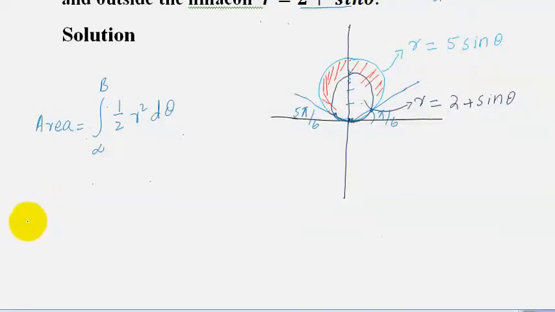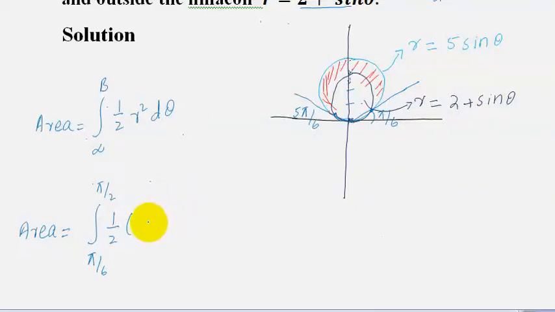So our required area is equal to the definite integral, as in the first quadrant our theta varies from pi by 6 to pi by 2, of 1 by 2. Our outer curve is 5 sin theta and inner curve is 2 plus sin theta.